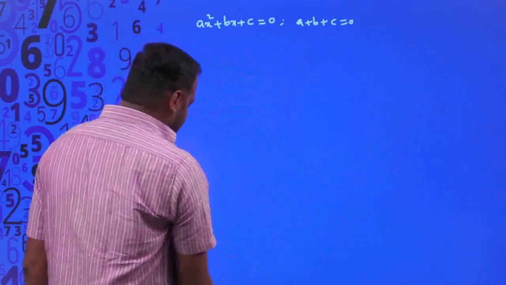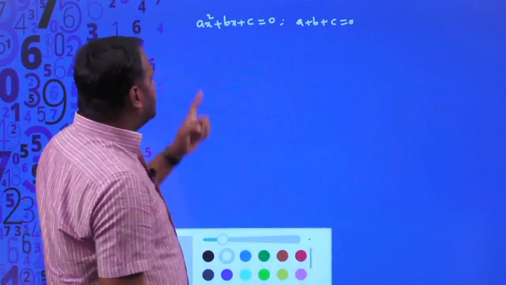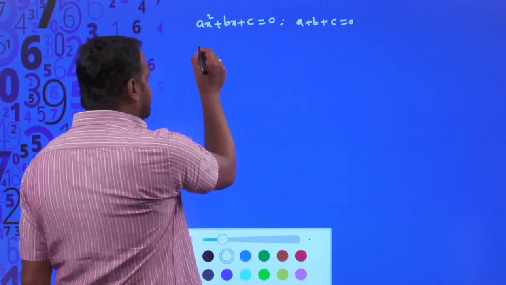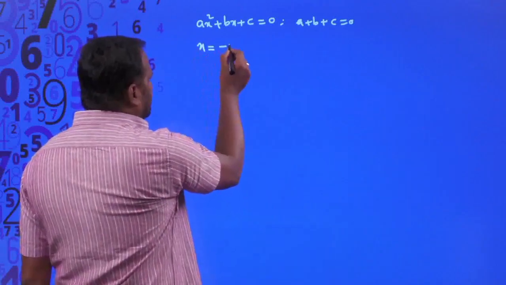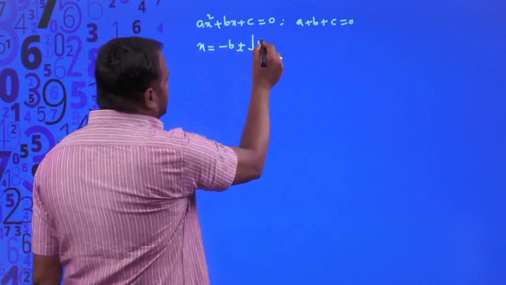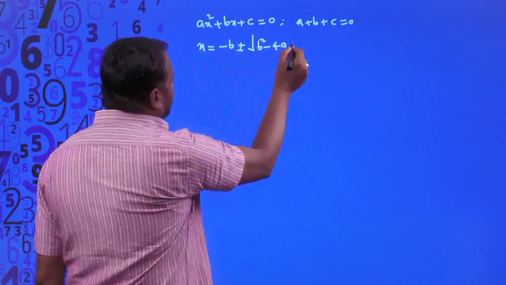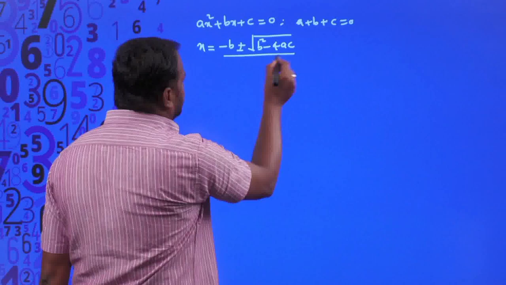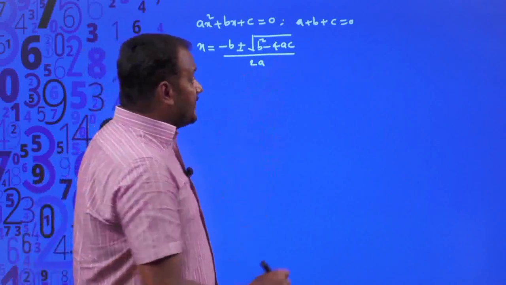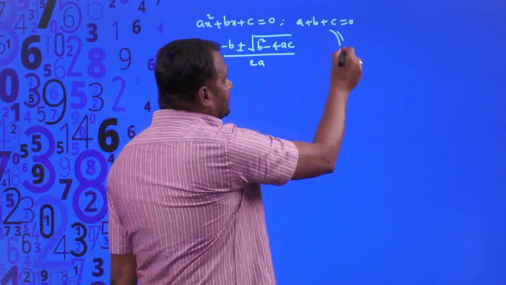When a plus b plus c is equal to 0, first of all, what is the formula for the roots of ax square plus bx plus c equal to 0? That is, x is equal to minus b plus or minus square root of b square minus 4ac, whole divided by 2a. Just now we derived this formula, provided a plus b plus c is equal to 0.